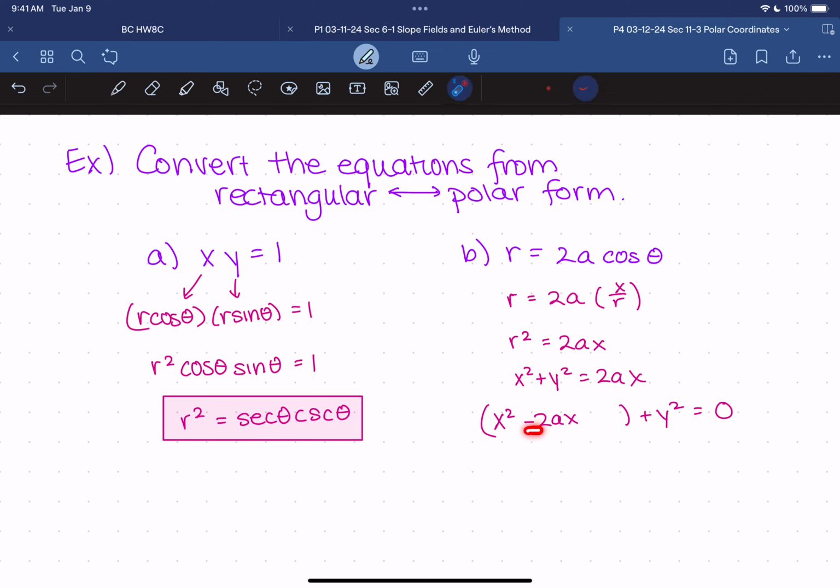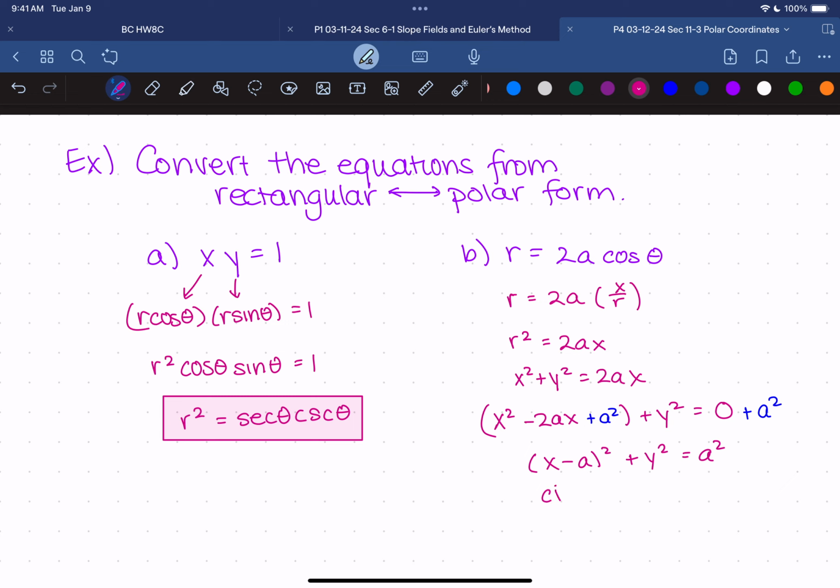Completing the square, take half of b, so half of negative 2a would be negative a. Square it, you get a squared. Whatever you do to one side, you do to the other. This factors into x minus a squared plus y squared equals a squared.